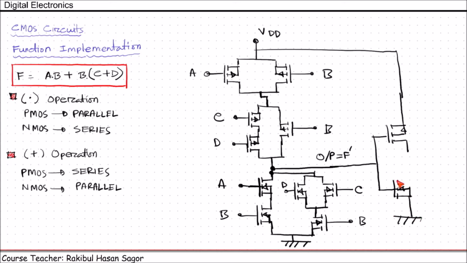This will be grounded, and if we take the output from here, we'll get the function. So in this way, we can implement this function using CMOS circuits. I hope you'll be able to solve any function using CMOS circuits if you understand this method. Up to this much today. Thank you.